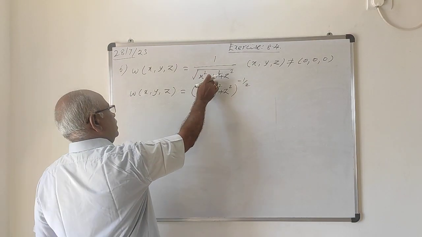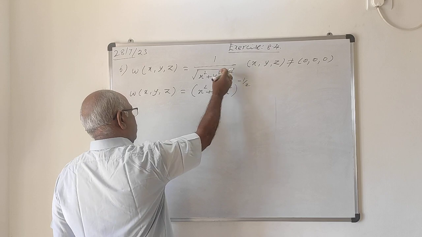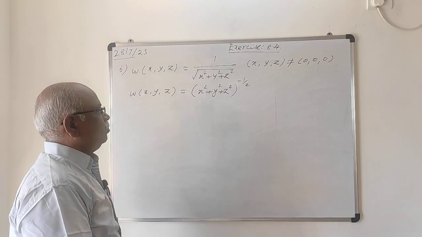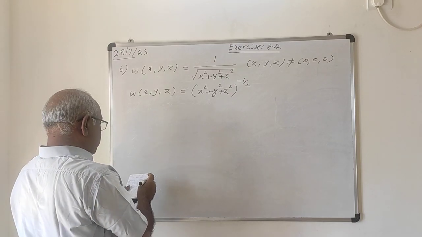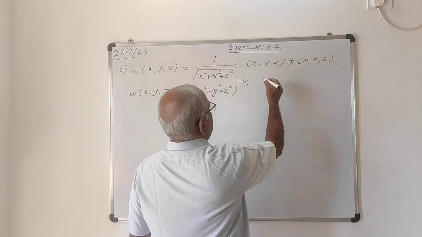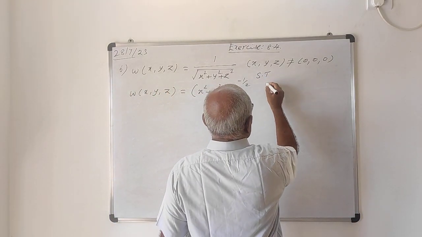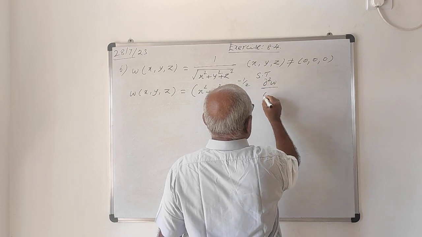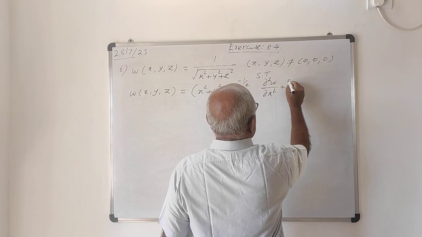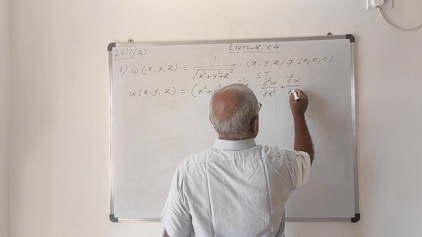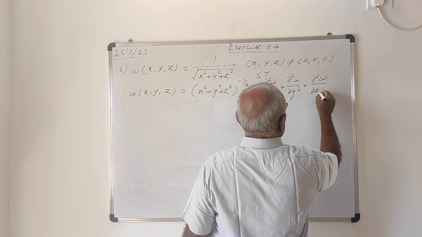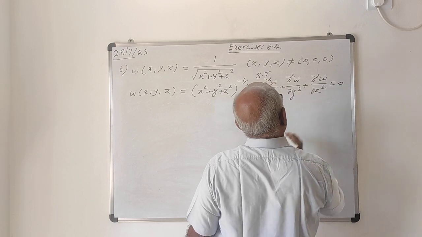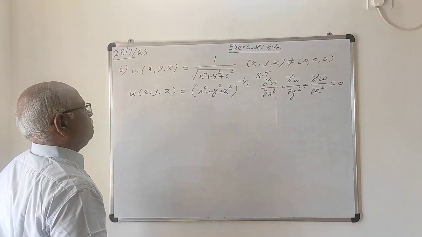The problem is to show that dou square w by dou x square plus dou square w by dou y square plus dou square w by dou z square equal to 0. They ask you to prove this.